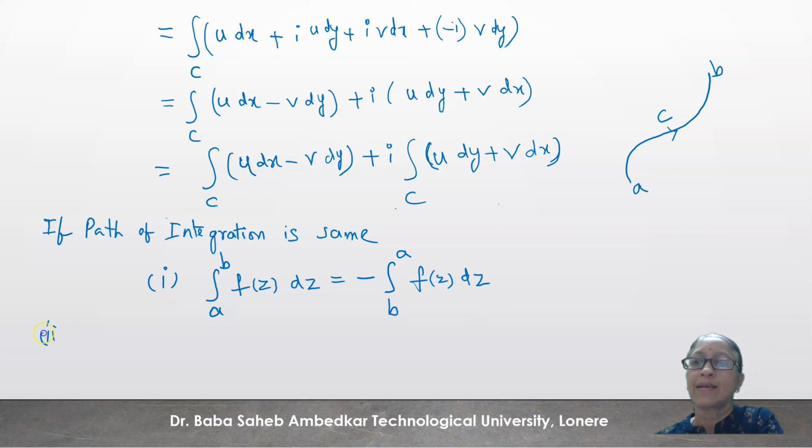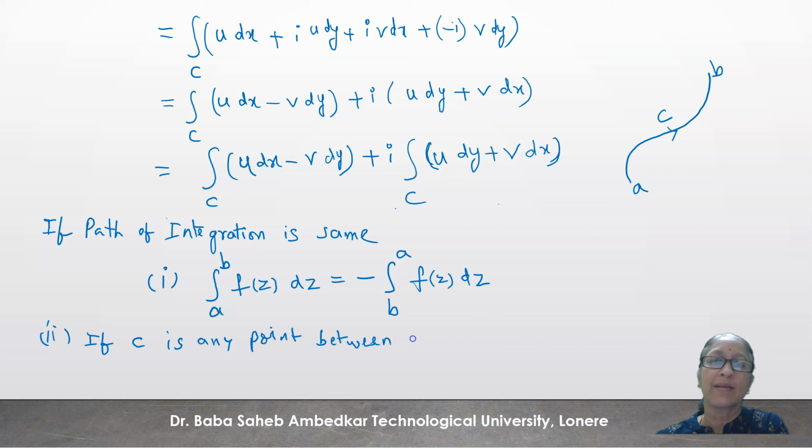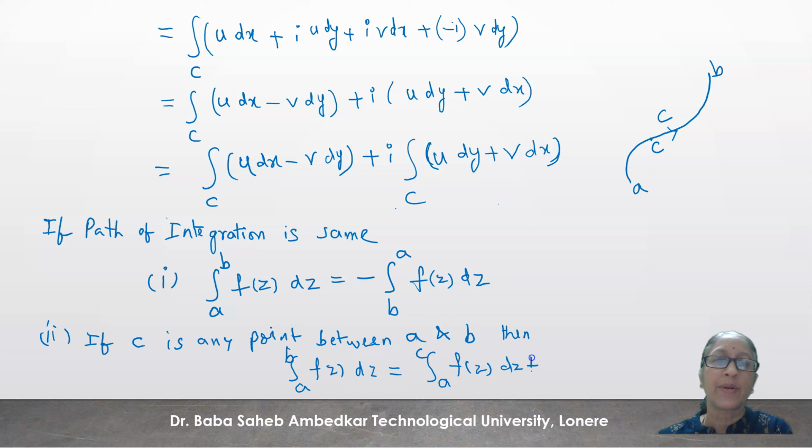And if C is any point between A and B, that means if there is some point C here, then the integral from A to B of f of z dz equals the integral from A to C of f of z dz plus the integral from C to B of f of z dz.